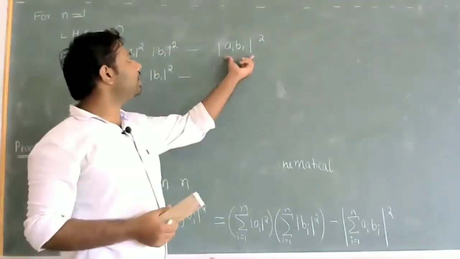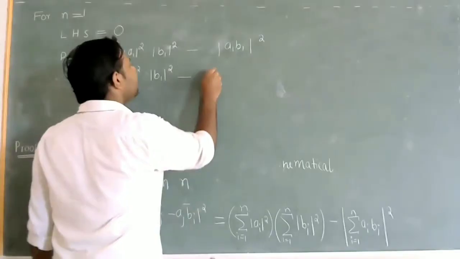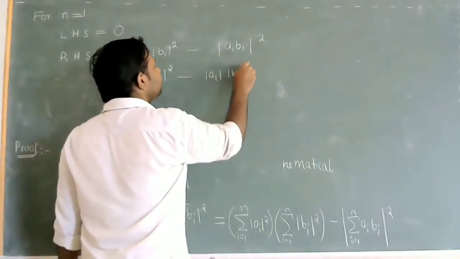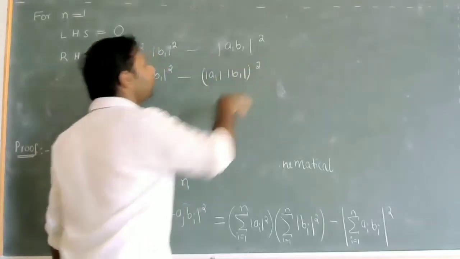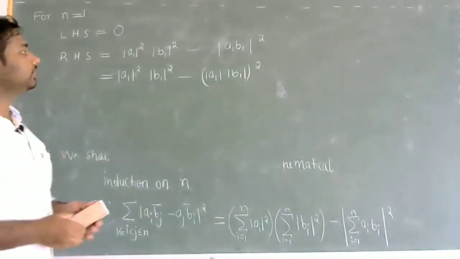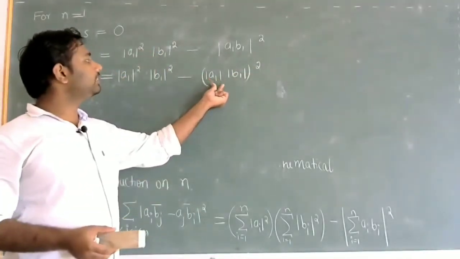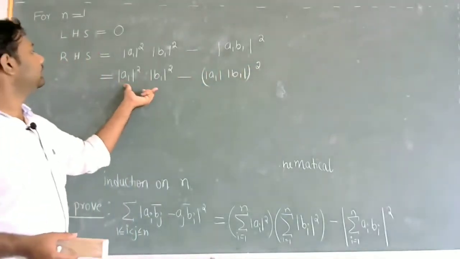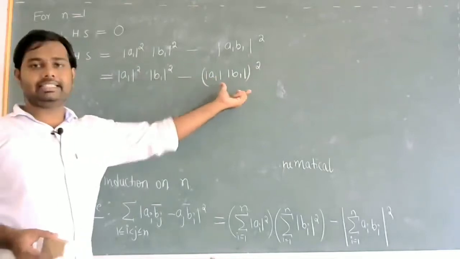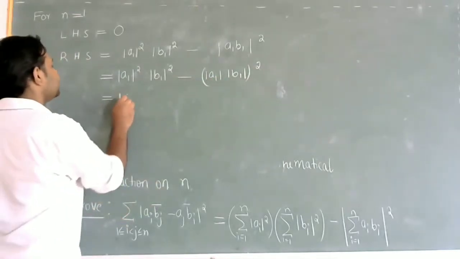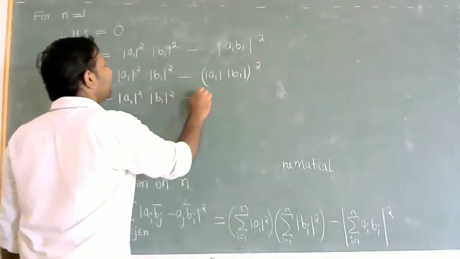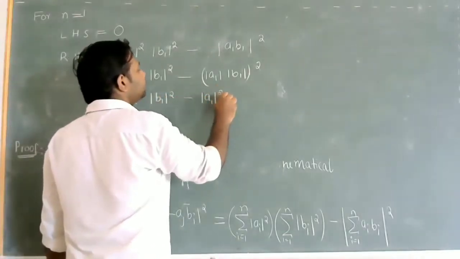So first of all, modulus of a1 b1 is modulus of a1 into modulus of b1. So its whole square means modulus of a1 whole square into modulus of b1 whole square. So this term minus itself, that is modulus of a1 whole square into modulus of b1 whole square minus the same term.